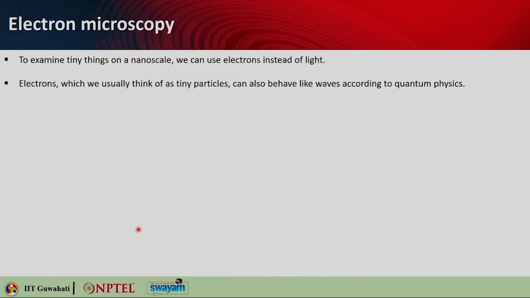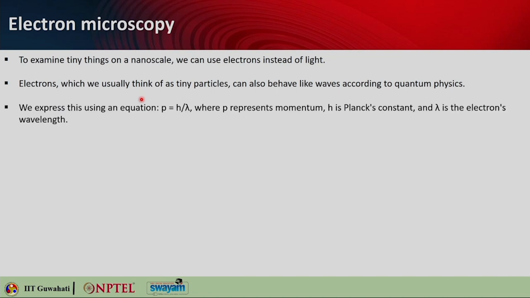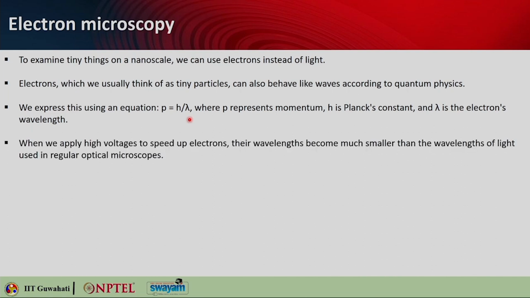electrons instead of photons. Electrons, which we usually think of as tiny particles, can also behave like waves according to quantum physics. If we express this using the equation p equals h by lambda, where p is the momentum and h is Planck's constant, you can find the wavelength of that particular electron.